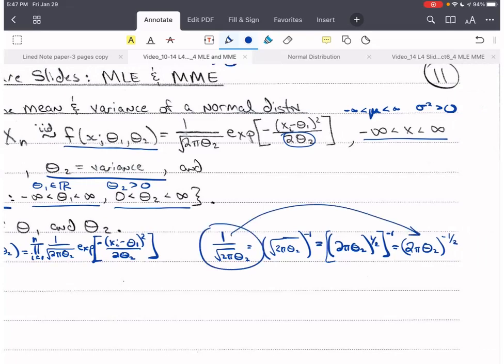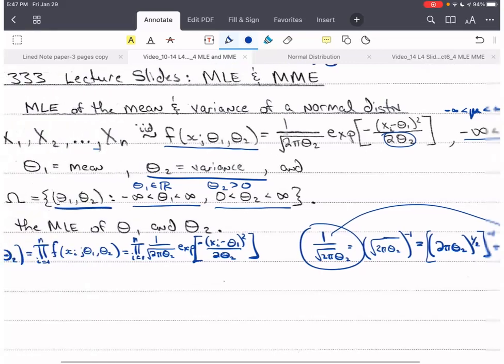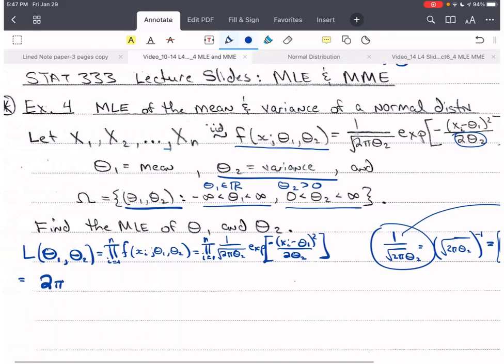So knowing that, I'm substituting in this. Now if I take this and multiply it by itself n times, there's no index here. There's no i. So they're constants. So this is going to be 2 pi theta 2 raised to the negative n over 2. We're raising it to the nth power, or multiplying it by itself n times, so it's going to be n times negative 1/2, that's negative n over 2.